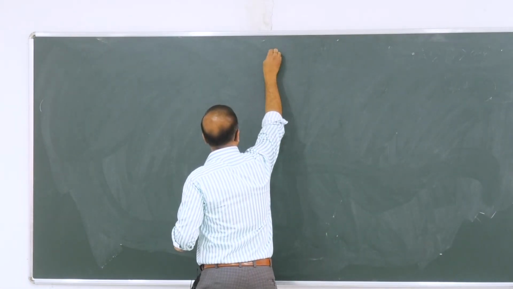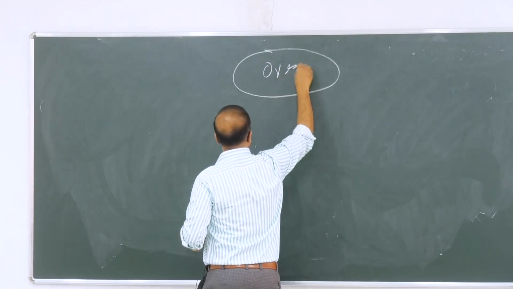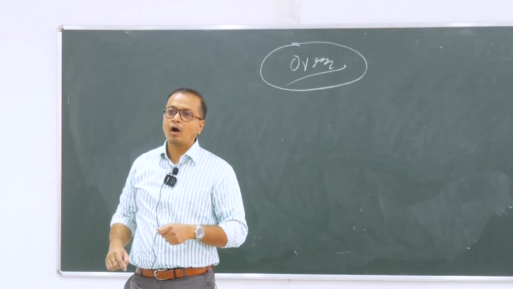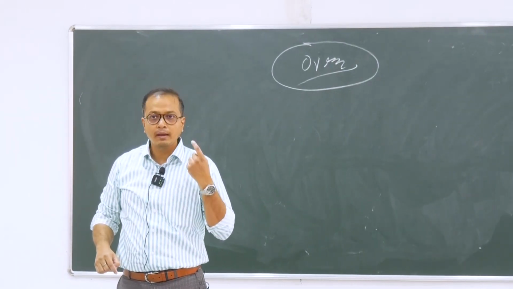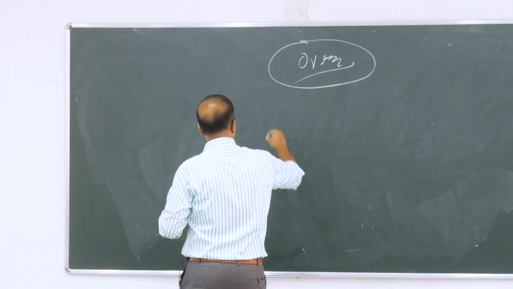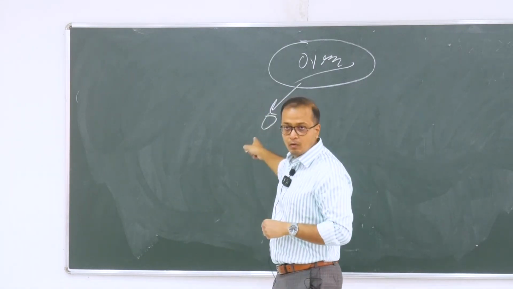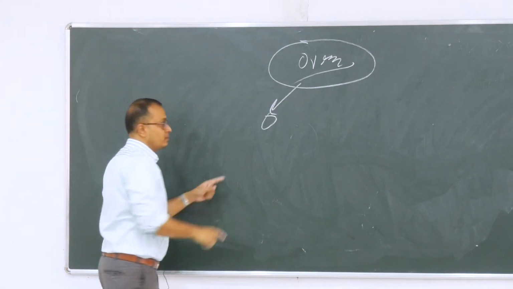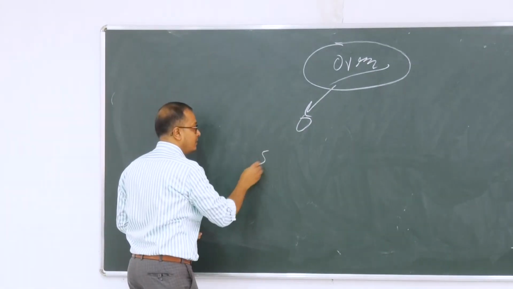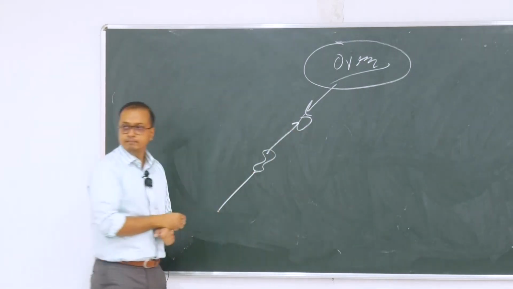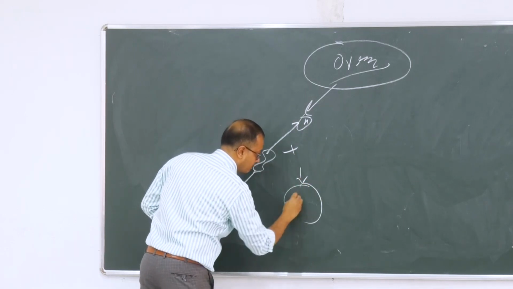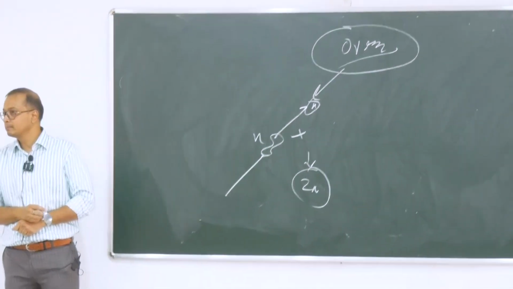So we have the ovary. In a normal human cycle, how many ovums are expelled in a normal menstrual cycle? Single. A single ovum is there, and it is fertilized by a sperm. So n with n together makes the zygote 2n.